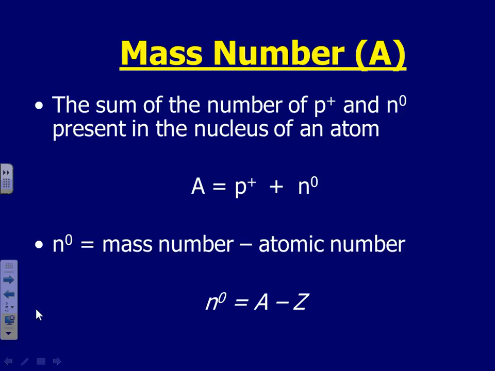Which means when we are looking at an atom, we only look at the masses of the protons and neutrons because the masses of the electrons are very minuscule compared to it. So we can ignore them.